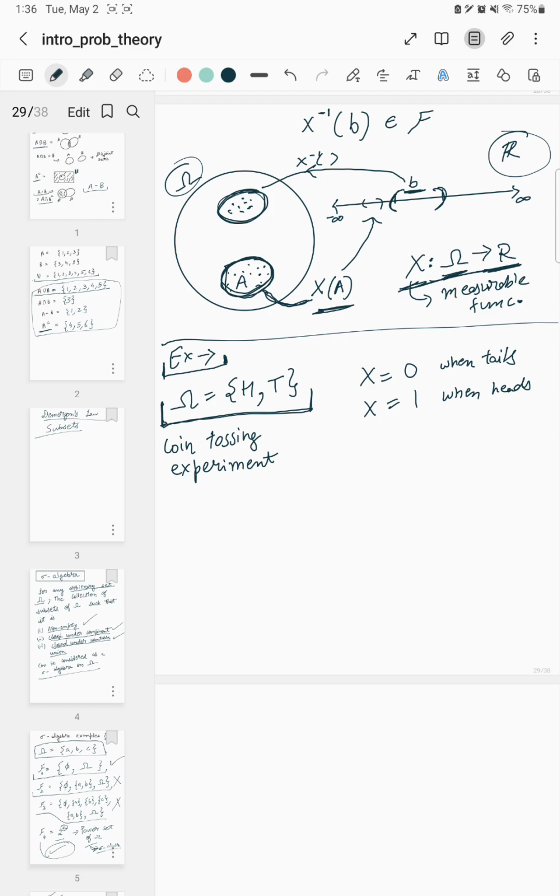Let's define a random variable such that if I toss a coin and it lands on tails, then the value of the random variable would be 0, and if I toss a coin and it lands on heads, the random variable x will take a value of 1. Okay, so we have designed a random variable like this.